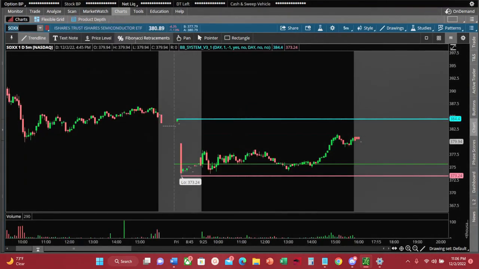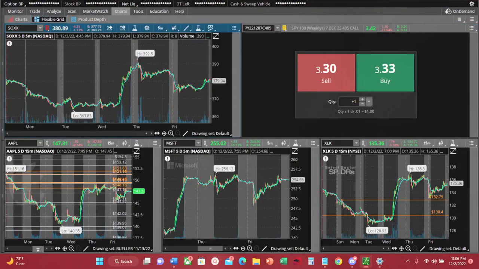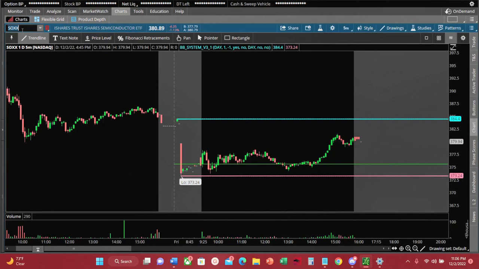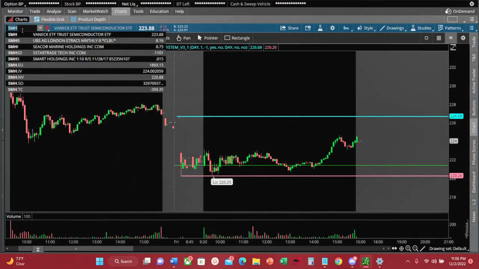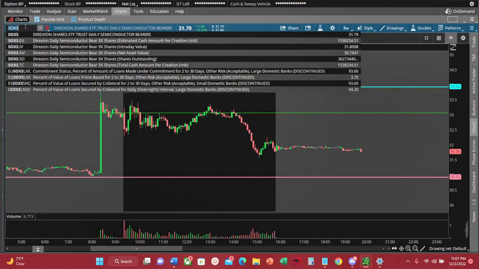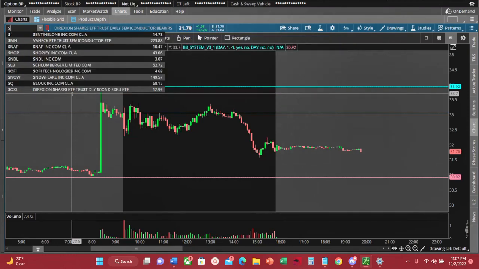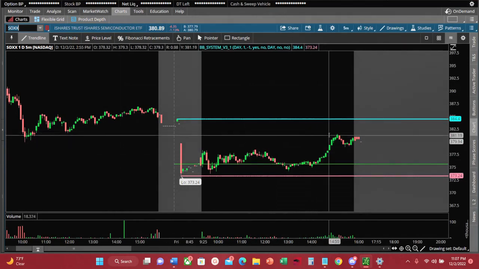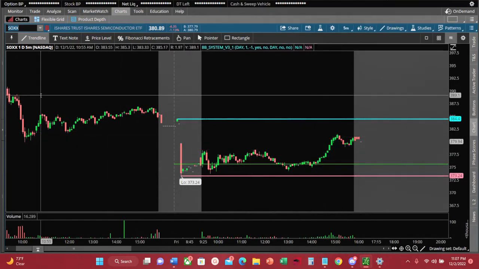Yeah, that is the semiconductor ETF. That is not what I want, although I like that flexible chart. That's another one from VanEck. And then this is the short. So basically this does the opposite of whatever it did today. And you can see, I'll pull up the XOXX. Just keep in mind that it's the opposite. Nice pump up.